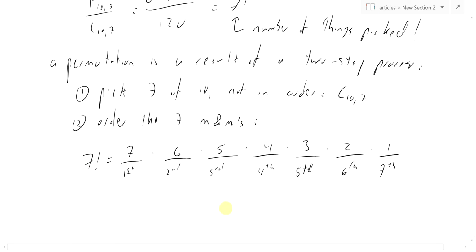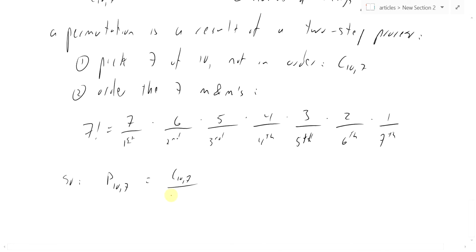So, a two-step process. How many outcomes are there of a two-step process? The outcome should be P(10,7), but the first step is C(10,7): pick 7 of 10 unordered, and then times 7 factorial, which is ordering the 7 that you picked.